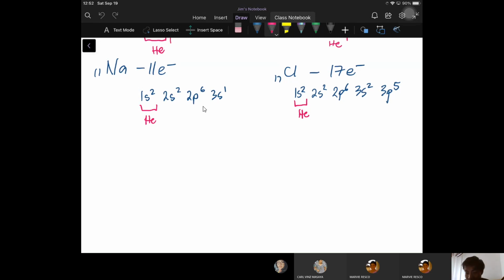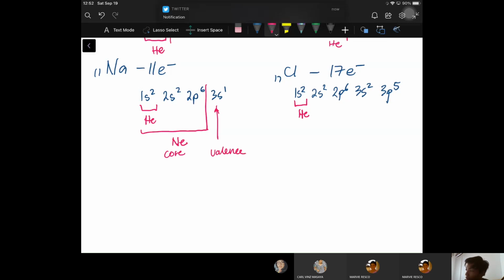Pagdating sa 2p6, ang katumbas niya ay neon na. Ito yung 2 electrons that corresponds to helium. Ito yung 10 electrons, isang buong yan, that corresponds to neon naman. So, our core electrons ay itong 1s2, 2s2, 2p6 na. Ito yung ating core. Ito yung valence na.